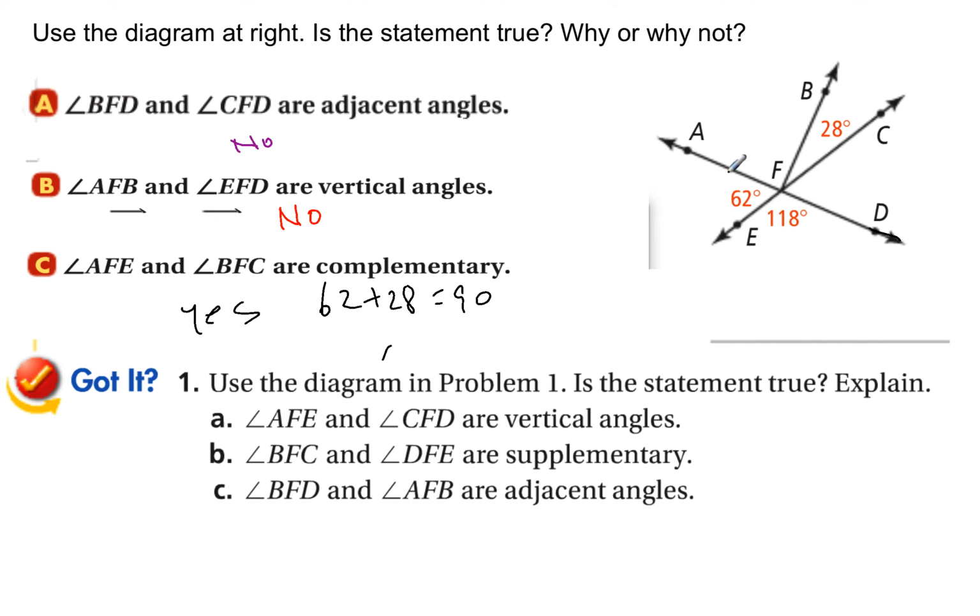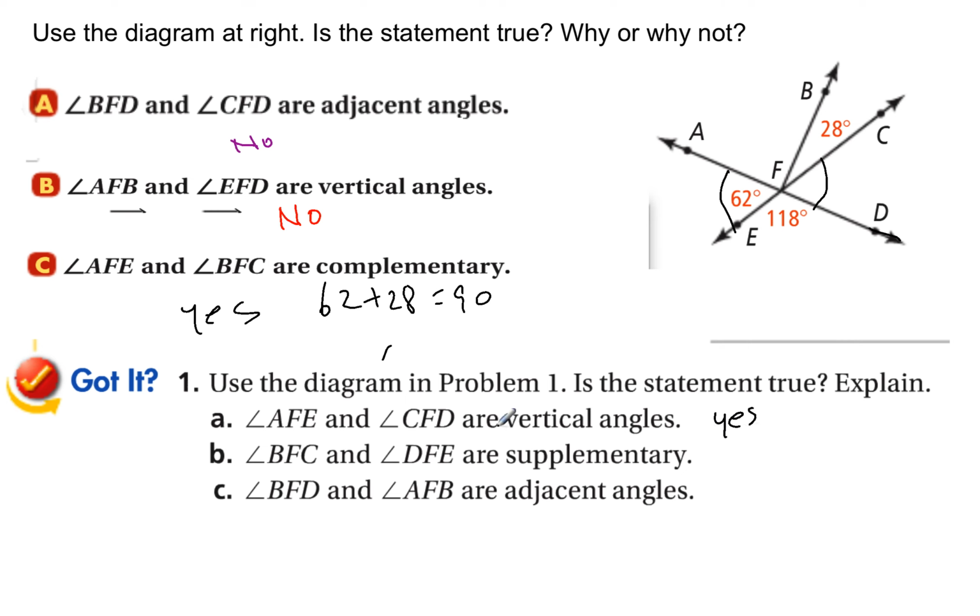AFE, this angle over here, and CFD are vertical angles. Well, let's see. Are these two, AFD and CFE, opposite rays? Well, they are. So AFE and CFD are vertical angles. So the answer to this is yes.